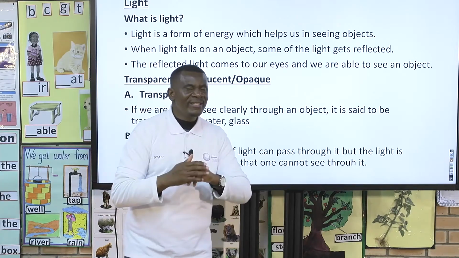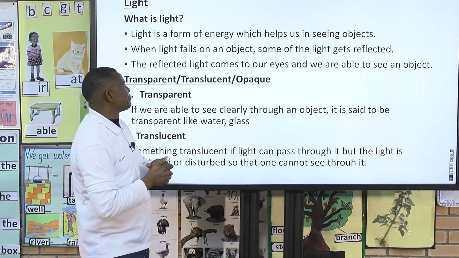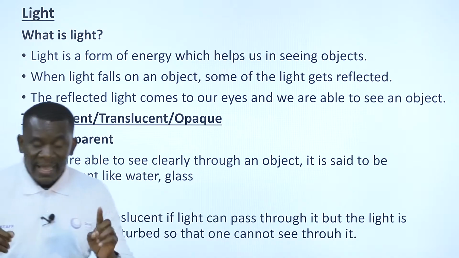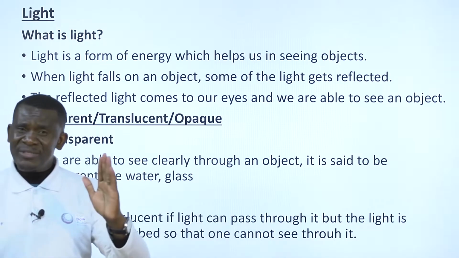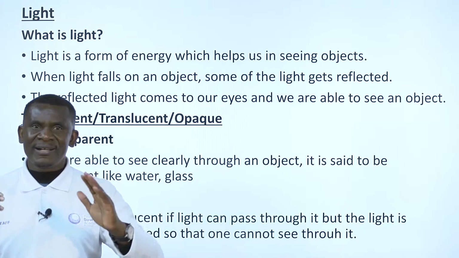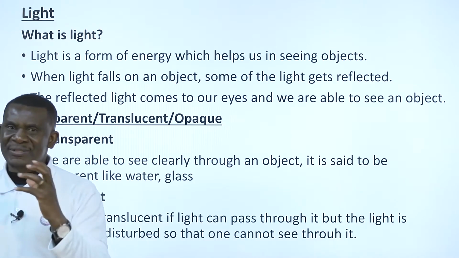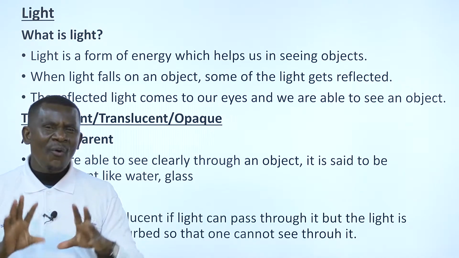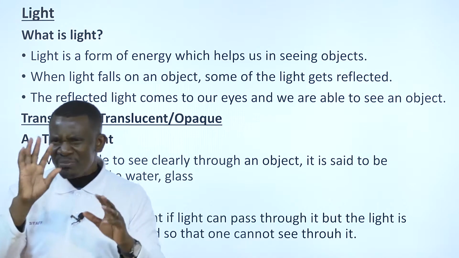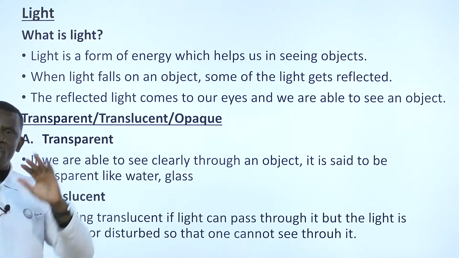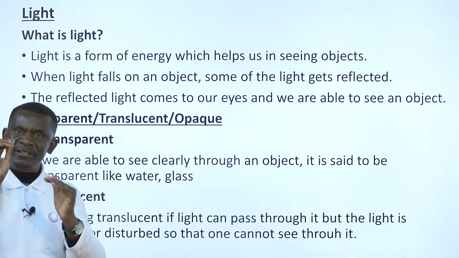And we are interested in deflection. So, we'll talk about deflection later on. Light sometimes can be blocked, or light can pass through a material, or we can just see small light at the end, or we can see light that is disturbed.